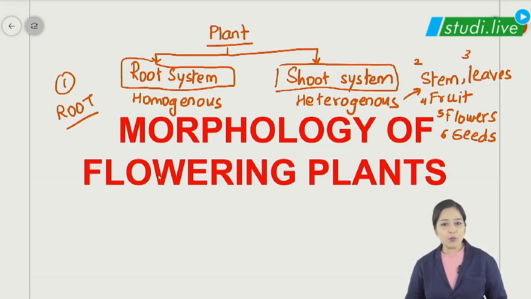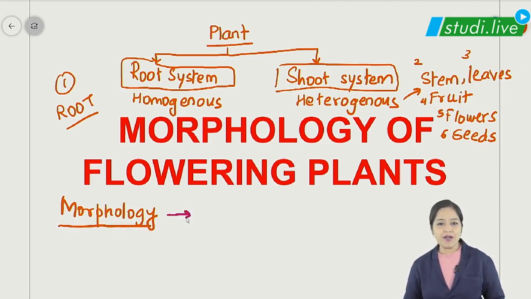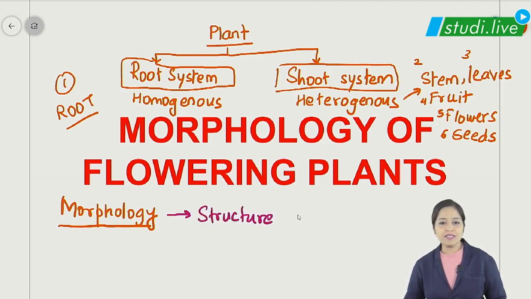So let us start with the term: what is morphology. Whenever we see the word morphology, what is the meaning of this word? Morphology means it is the study of the structure. We are going to study about the structure.